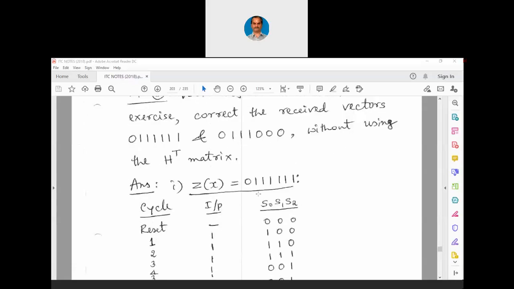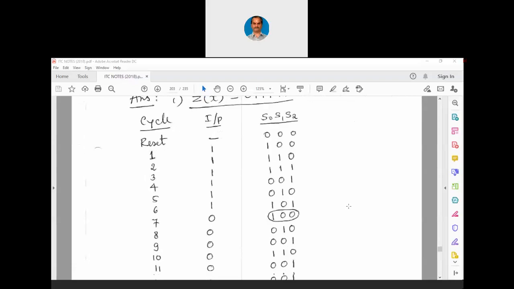First, let us take z of x received is 0 1 1 1 1 1 1. So, you can see here it is in this order, 0 1 1 1 1 1 1. So, first it is 0 0 0. Next we have 1 0 0.